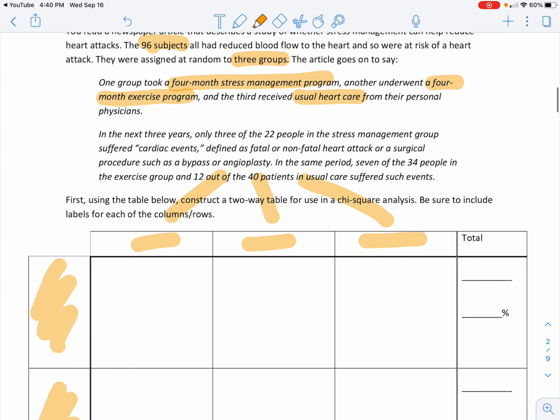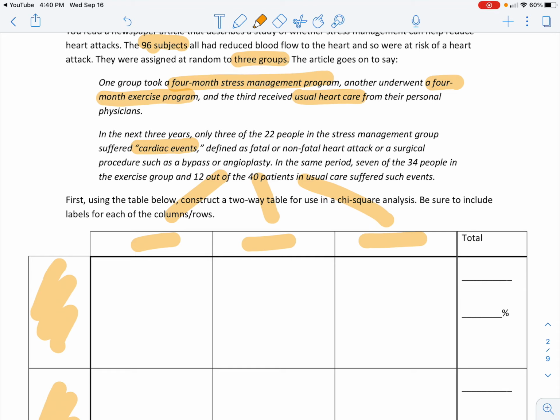Over the next 3 years, only 3 of the 22 people in the stress management group suffered cardiac events, defined as fatal or non-fatal heart attack, or a surgical procedure such as a bypass or angioplasty. In the same period, 7 of the 34 people in the exercise group and 12 out of 40 patients in the usual care suffered such events.